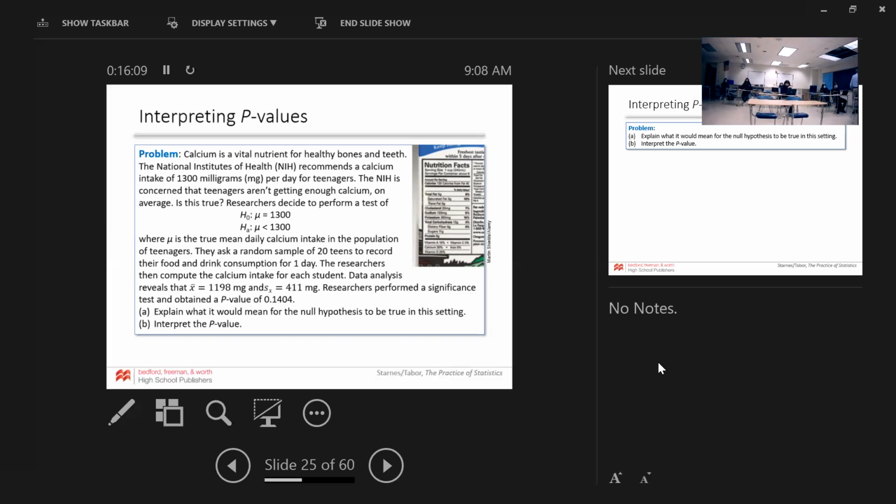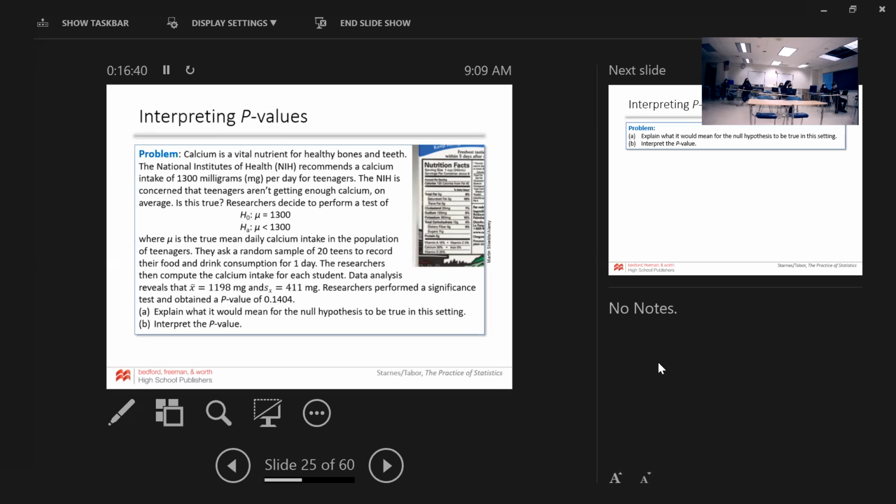Here's your curve. 0, 1, -1. That's what I'm used to doing. Now, in this case, what did we get? 1,300 was the center. Your test statistic was 1198. This step is 411. Right?